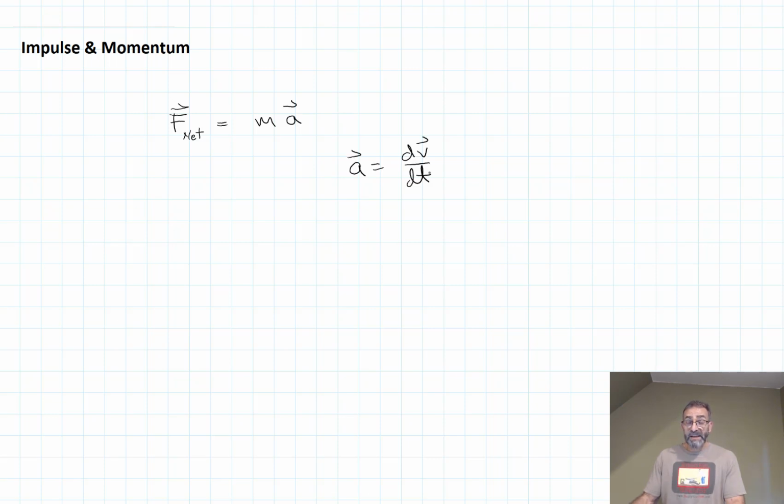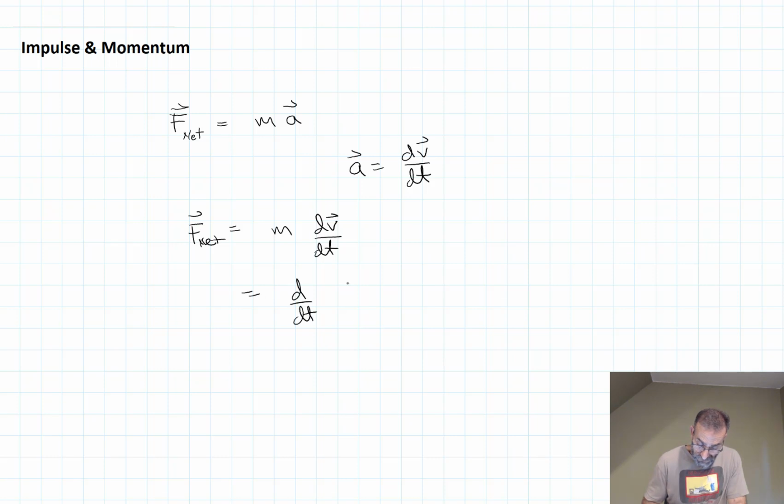But we know the acceleration is equal to the rate of change of velocity with respect to time. So we can substitute this back in. And if the mass is constant, we can bring it in and write it this way. And now we can ask, what happens if the net force is 0?